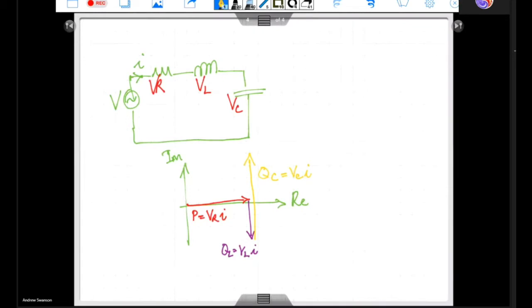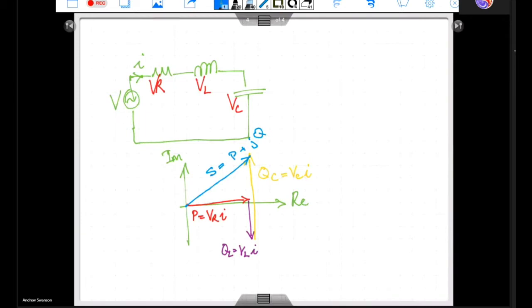We can also look at our capacitive reactive power, which is V_C I. Right. So total apparent power will be the sum of all of that. So what you can see with the inductive and capacitive reactive powers, these imaginary powers, is that they sort of cancel each other out.